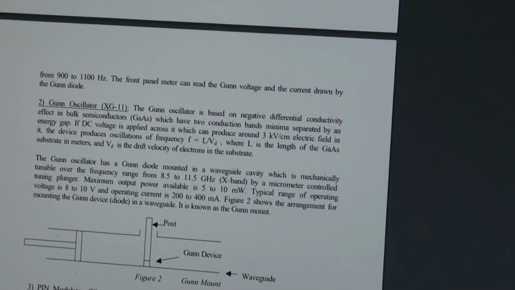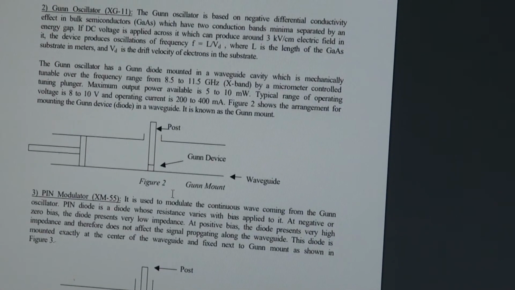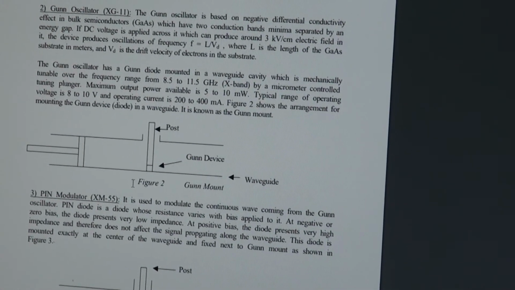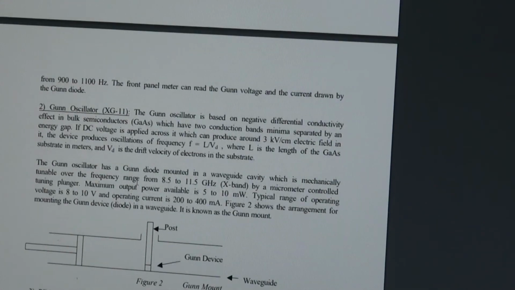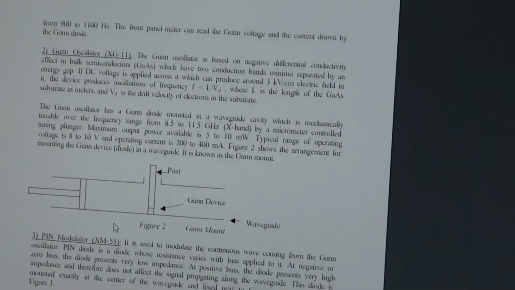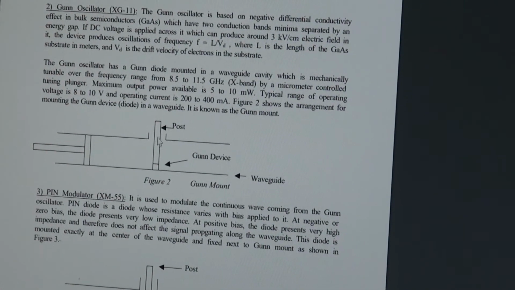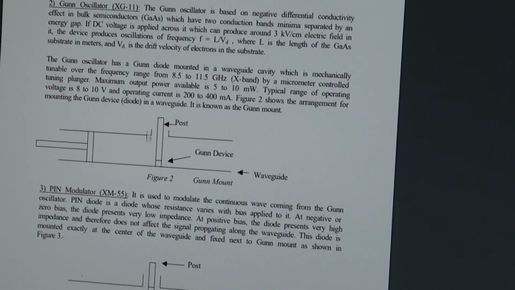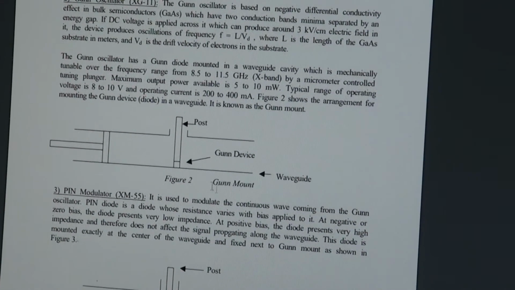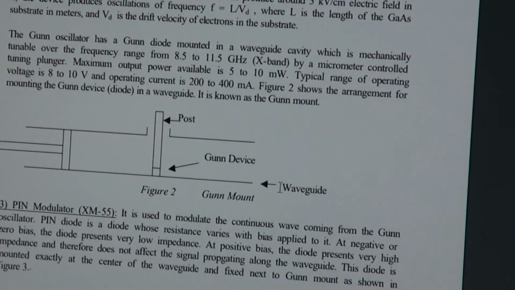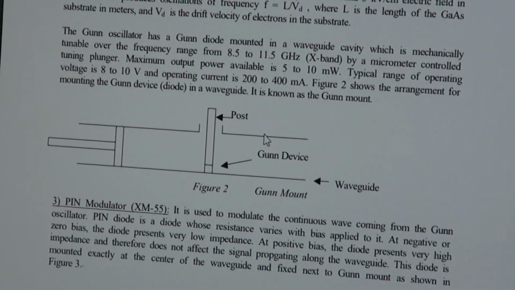Second is the gunn oscillator, and this is the figure of the gunn oscillator. This middle part is represented as a post. This is a gunn device. The gunn mount is also available, and this is the whole waveguide.